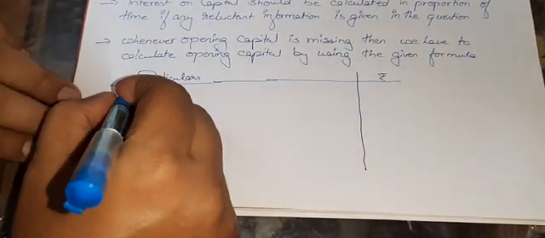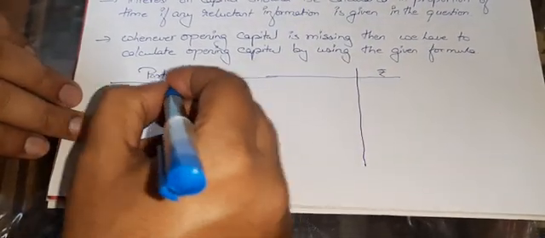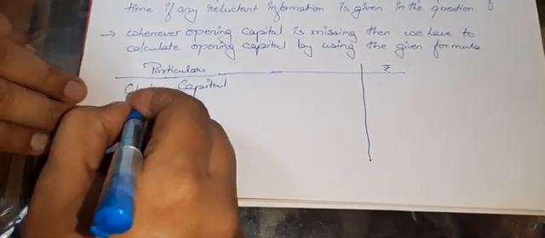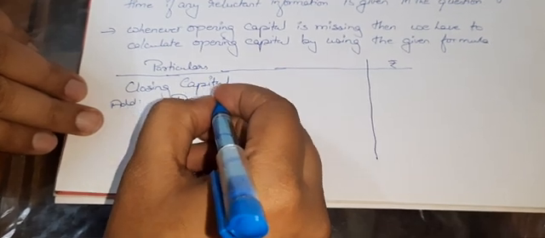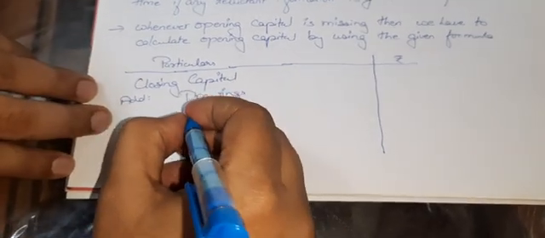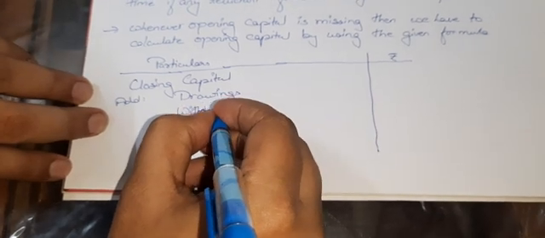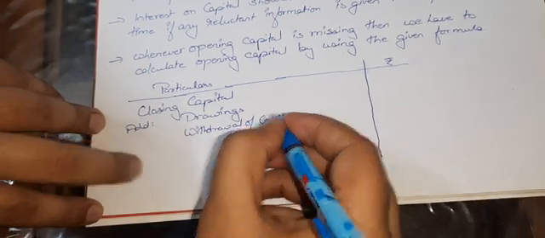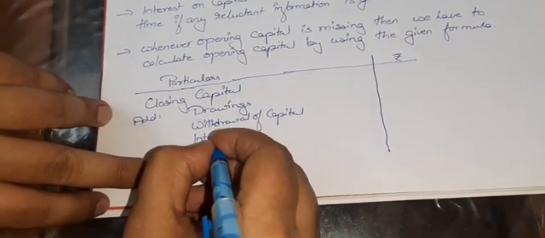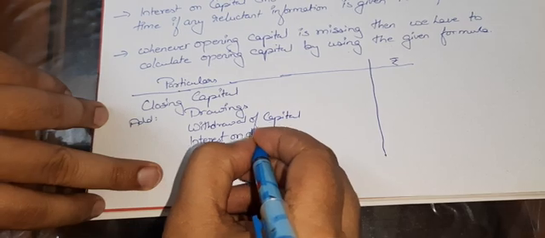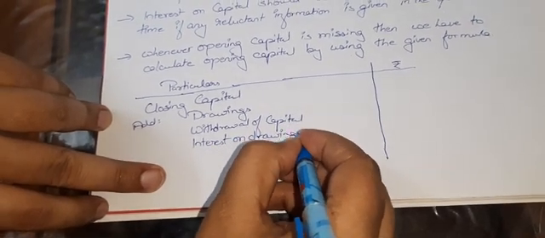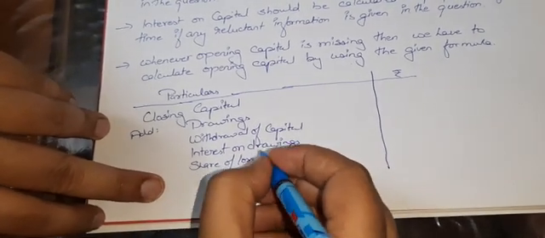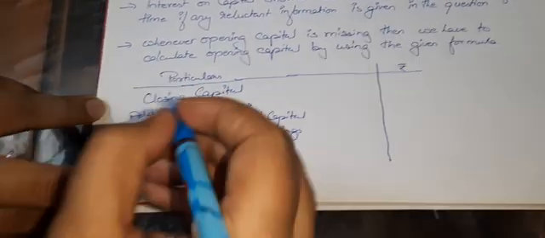See, first write down the closing capital. Then what are the things to be added up? Add drawings if any drawing is being done. Then add any withdrawal of capital, interest on drawings, share of loss if any loss is being done in the profit and loss appropriation account.